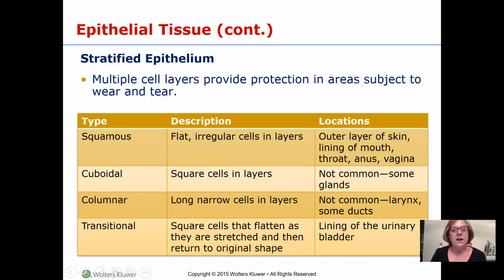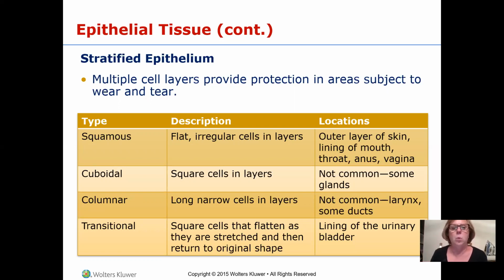Okay, so stratified is just saying that you have multiple layers, so one layer on top of the other. And again, the name is derived by what it looks like. If it's squamous, then it's a thin layer, and it's irregular shaped cells. The cuboidal are like little squares. The columnar are long and narrow.